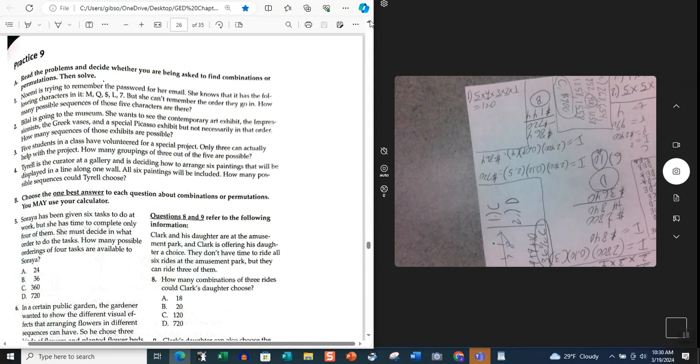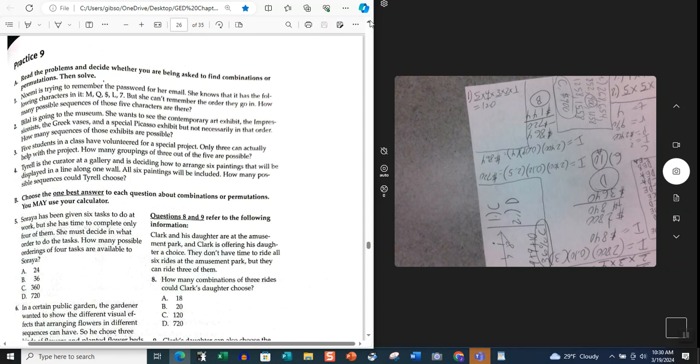Now, number 2, it says Bilal is going to the museum. She wants to see the contemporary art exhibit, the Impressionists, the Greek vases, and a special Picasso exhibit, but not necessarily in that order. How many sequences of those exhibits are possible?